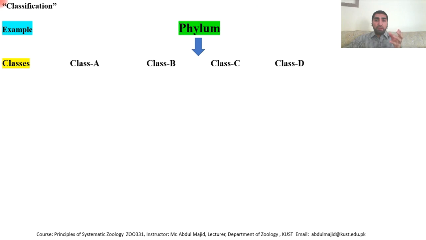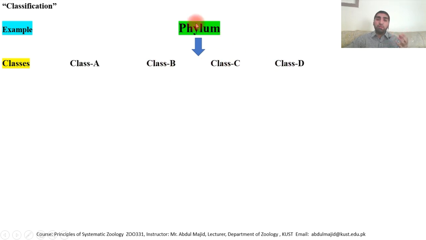You divide the phylum into classes, like class A, class B, class C, class D. The organisms inside class A have similar characteristics, and the organisms inside each class have similar characteristics, and so on.